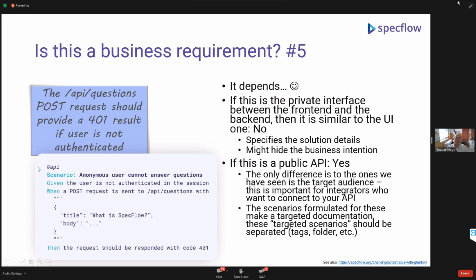As you can see, what I did right now is make an API tag on that so that I can better separate it and not mix it up. This is not the set of scenarios describing the business rule behavior, but the ones describing how our public API behaves.